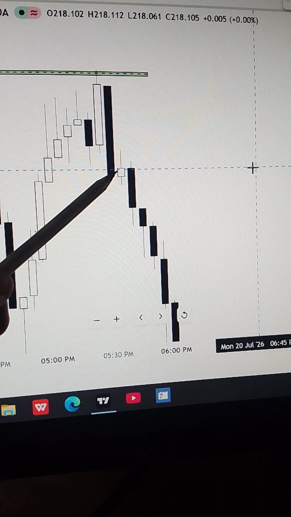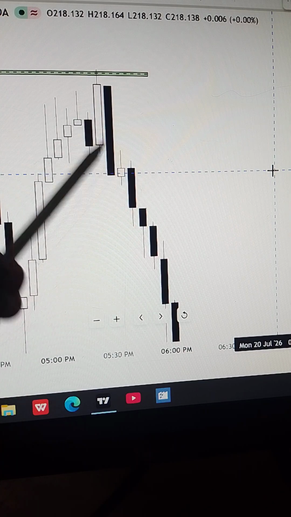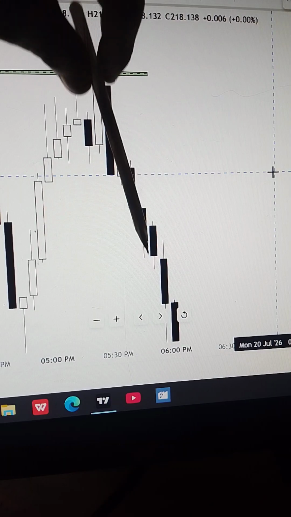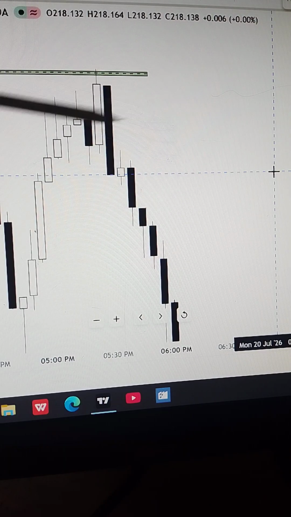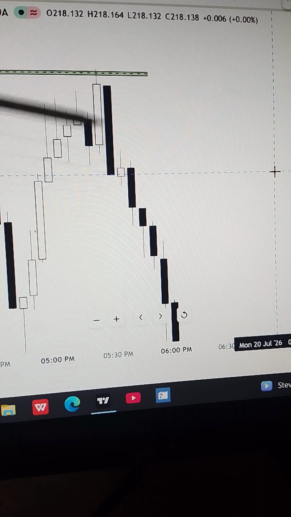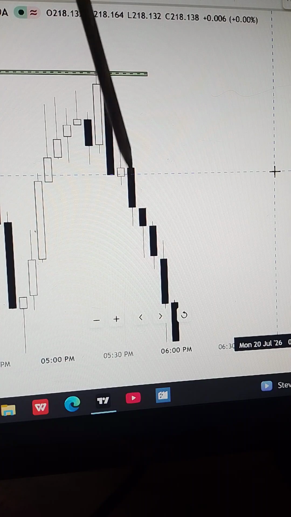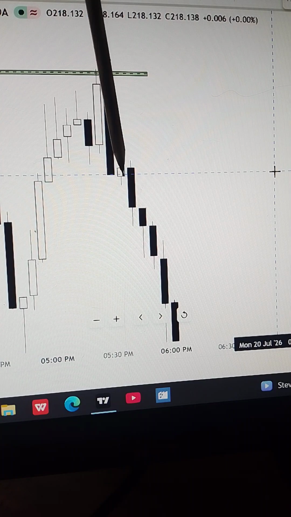The 5-minute candlestick closed this one. The next candlestick formed a green candlestick. Now, because we are on a downtrend, this is a support. Remember, I said the support is created when a red candlestick is followed by a green candlestick.